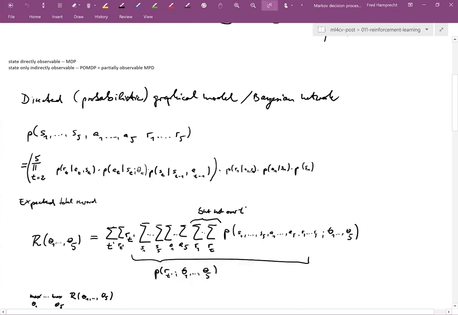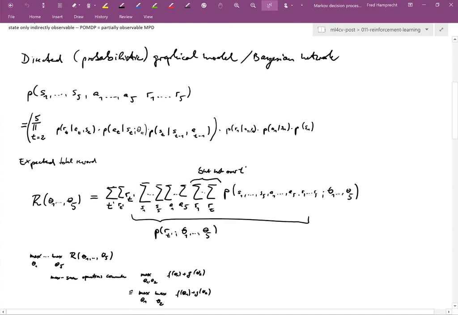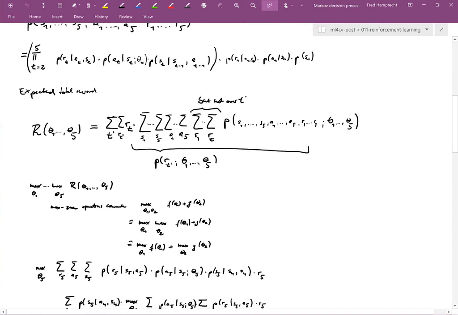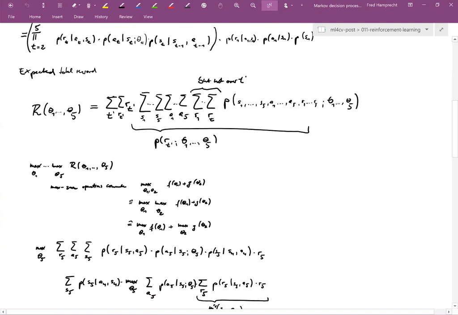Now these probabilities, to write them out, we can marginalize out all the random variables except the one of interest. So here on the right hand side, this is the joint distribution, and then we sum out all variables except one. And this is the expression for the total reward, and now we want to find the optimum parameters, theta 1 through theta 5.